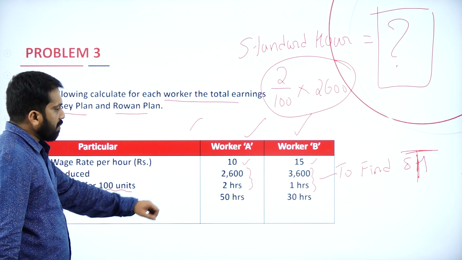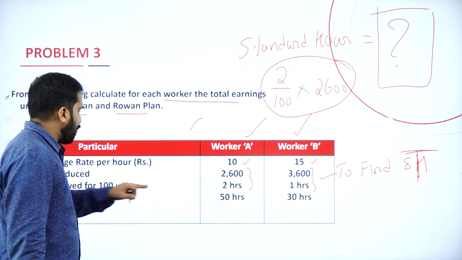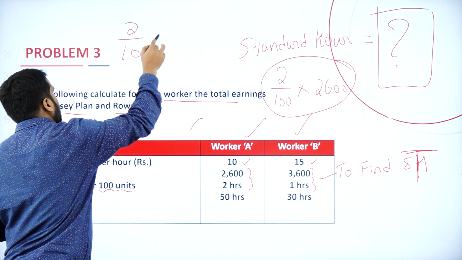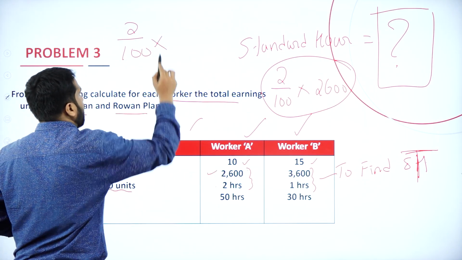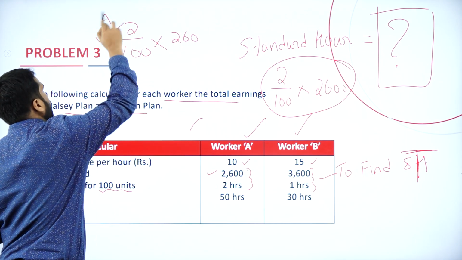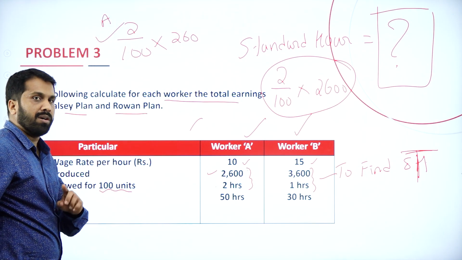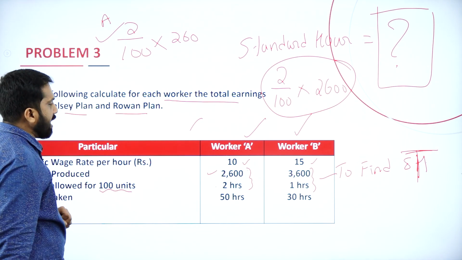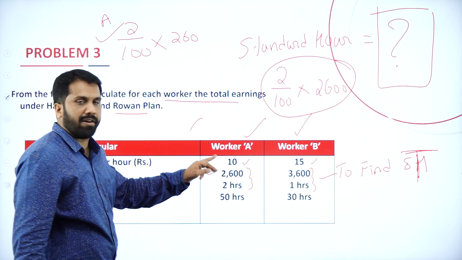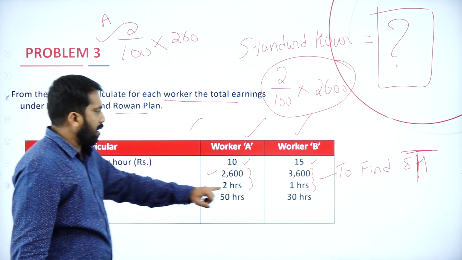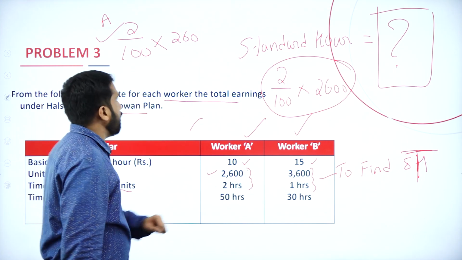Again, I'll show you. If 2 hours for 100 units, how much for 2600? This is the calculation for A. Any doubt? No. How to calculate for B? The same thing we did for A, we'll do for B. 100 units for how many hours? 1 hour.